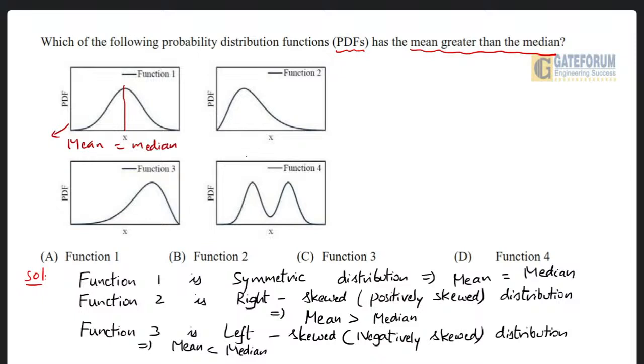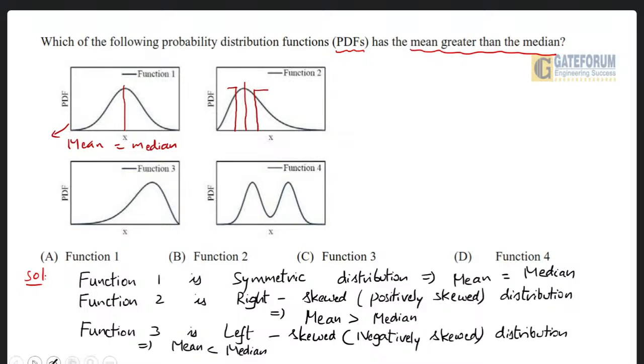And for positively skewed, you will be getting, okay, so this is median, or this is median, and this is mean.